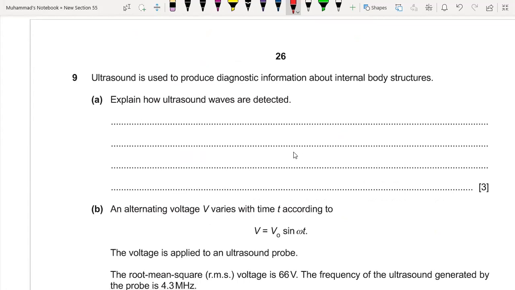Question 9. Ultrasound is used to produce diagnostic information about the internal body structure. Explain how ultrasound waves are detected. So we have to tell the principle of the detection of ultrasound. They are detected by a piezoelectric crystal or transducer.